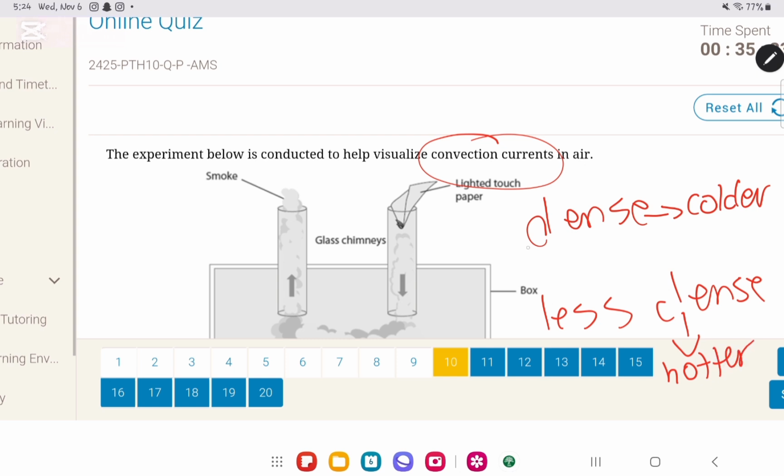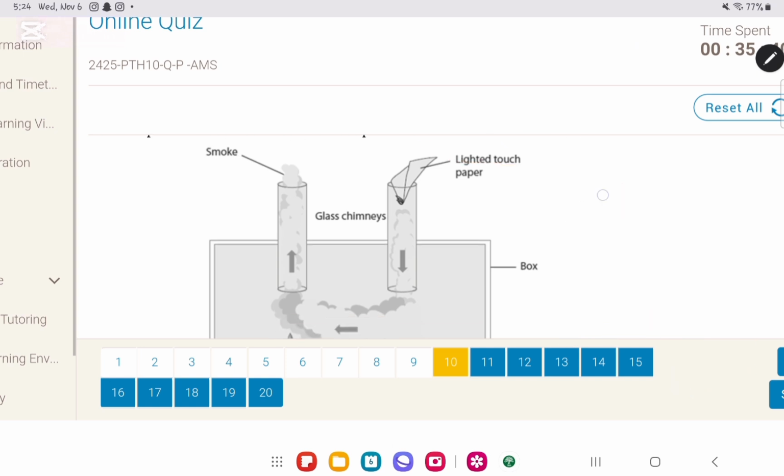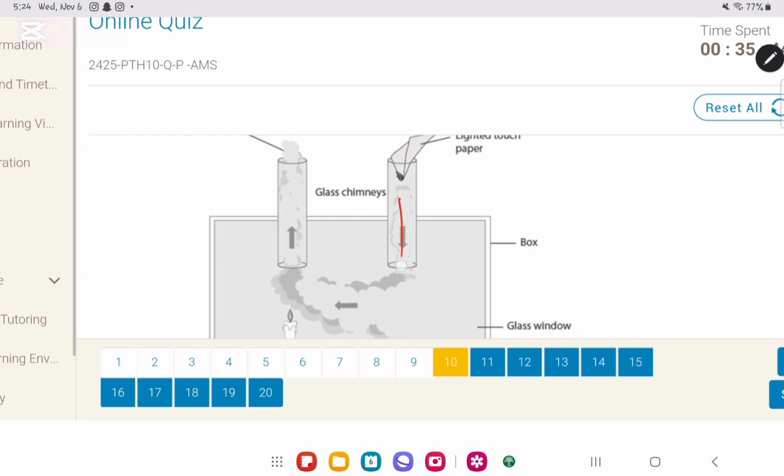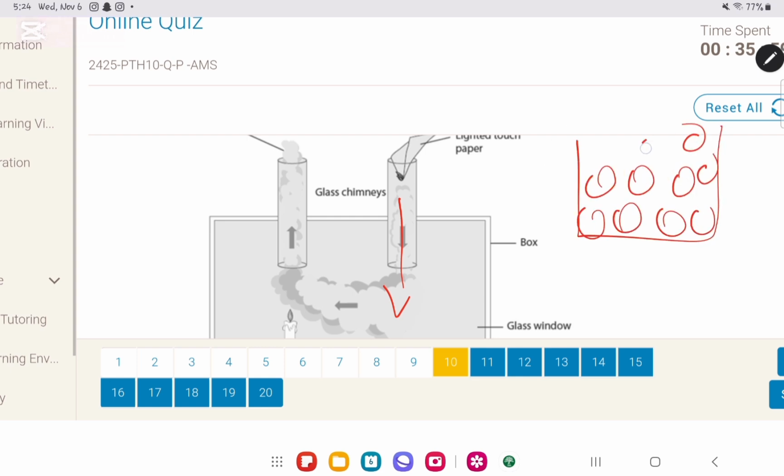So in the exam, if you put dense or cold, it is correct. If you put less dense or hot, it is correct. Now looking at the graph, they're asking us about the arrow pointing down. The arrow pointing down is definitely the particles that are going down. So if you remember the representation, after heating it, the less dense will move up and the more dense will move down.